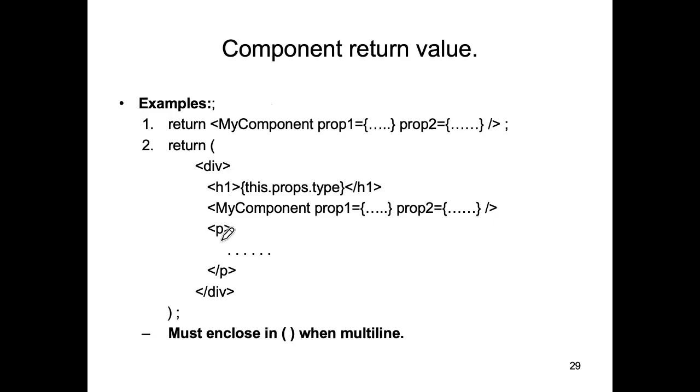And as I illustrated a moment ago, if a component is returning a multi-line piece of JSX, which 99% of the time it will, then you've got to put parentheses around the JSX just to help the JavaScript runtime to work out what's going on. So that's fine.